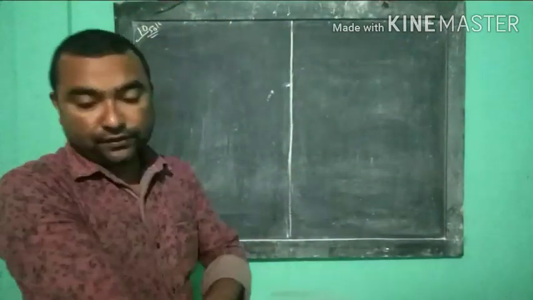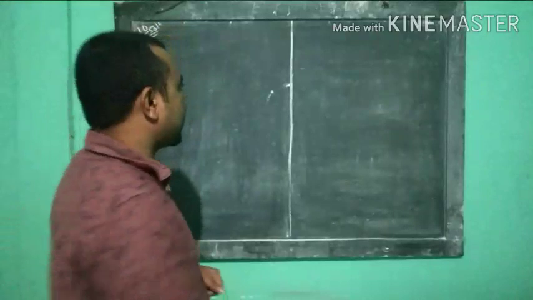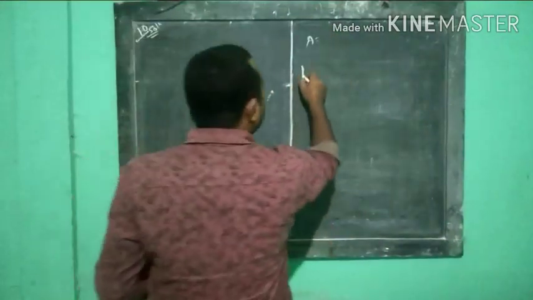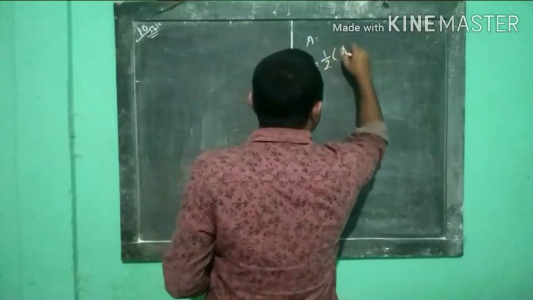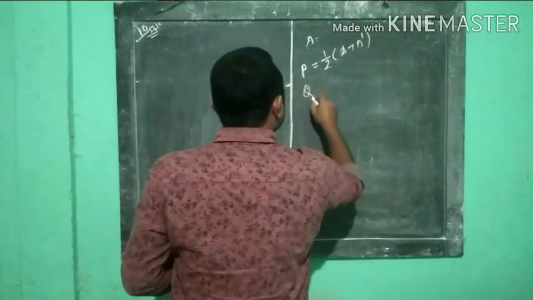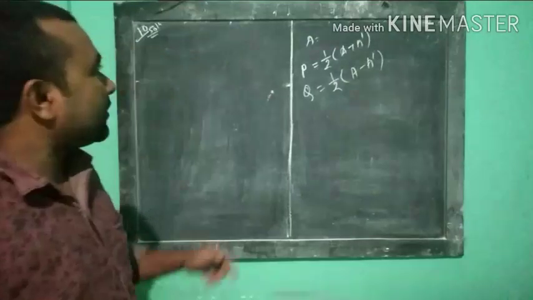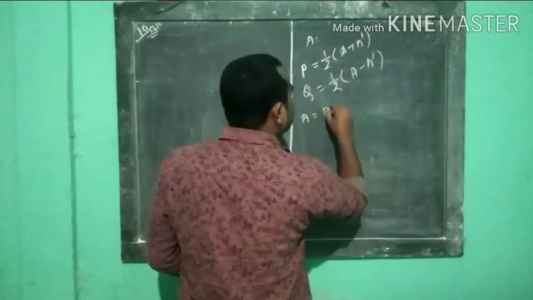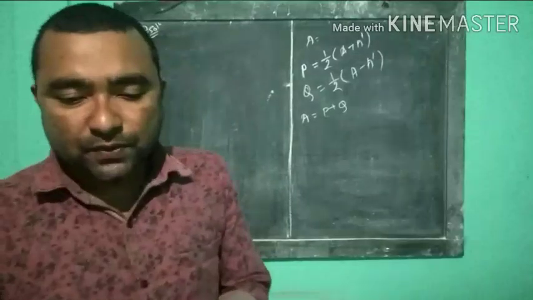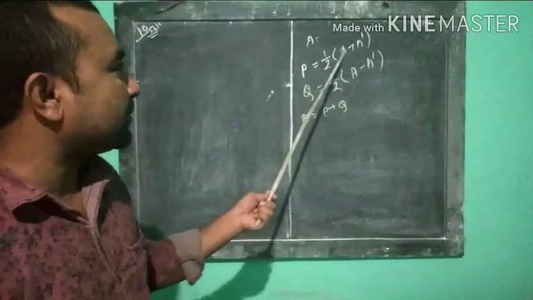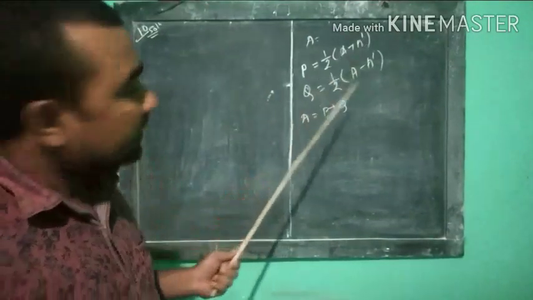Before solving this problem, to express any matrix, suppose A, as a sum of a symmetric and a skew symmetric matrix, then P equals half of A plus A transpose, and Q equals half of A minus A transpose, where A equals P plus Q. P is the symmetric matrix and Q is the skew symmetric matrix.